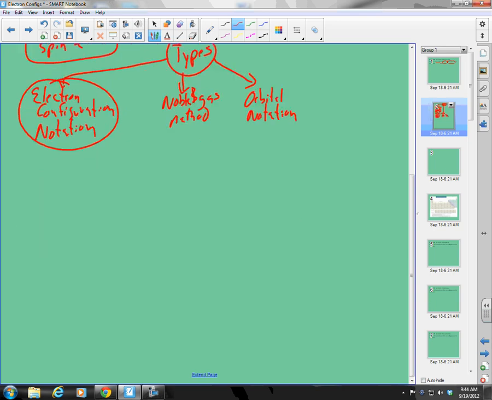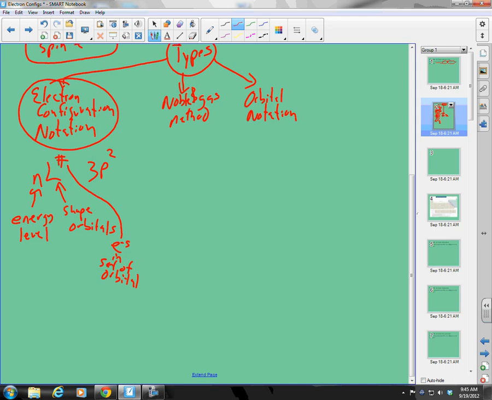Now, electron configuration notation takes the general form of, let's say, n l to the number, something like 3p2. Now, what does that mean? n is our energy level. Hey, cool. Energy level. And l represents the shape of the orbital or orbitals, and then the number is the number of electrons in the set of orbitals.